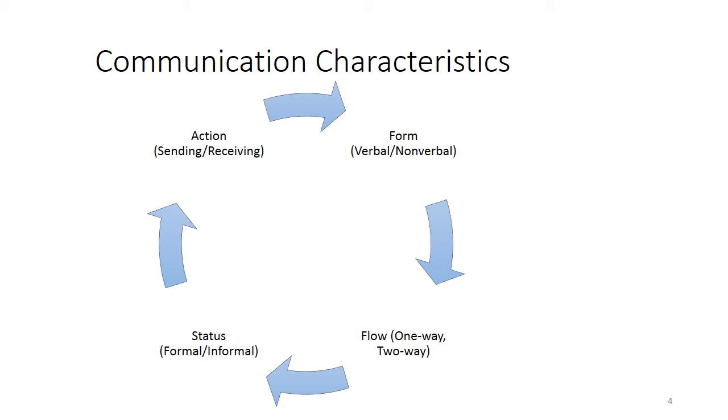Status is whether it's formal or informal. We all know there's a difference, for example, between the emails we write formally, if you're writing to your superior, versus whether you're writing to a friend. And finally, the action, whether you're doing the sending or doing the receiving.